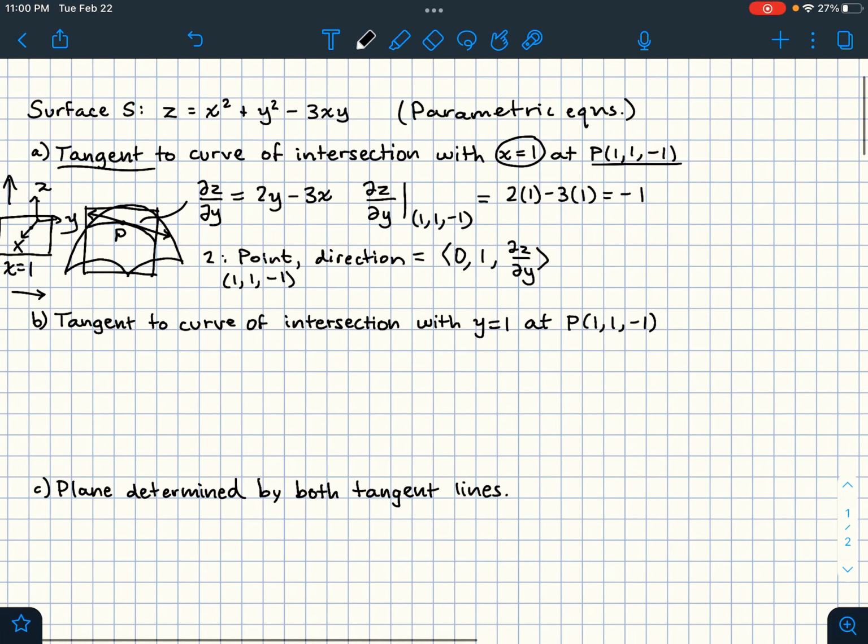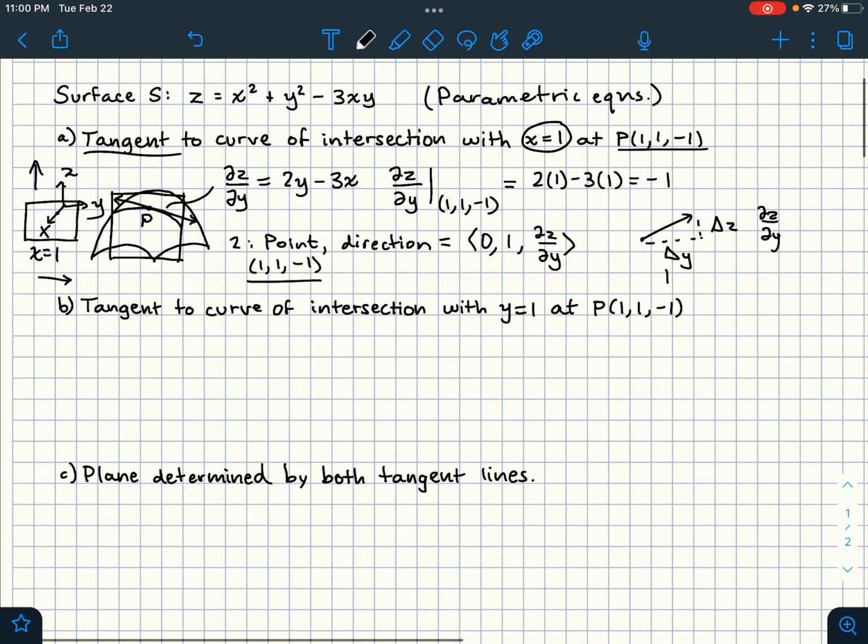So this vector here just means that if you travel 1 unit in the y direction, you're going to travel dz/dy units in the z direction, because that's the slope.